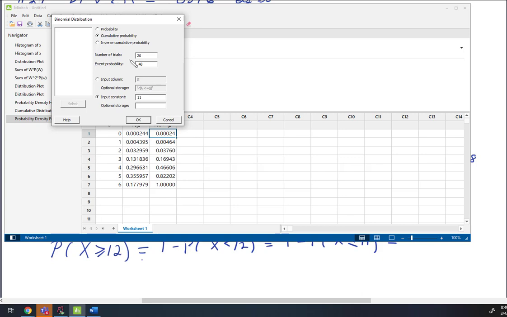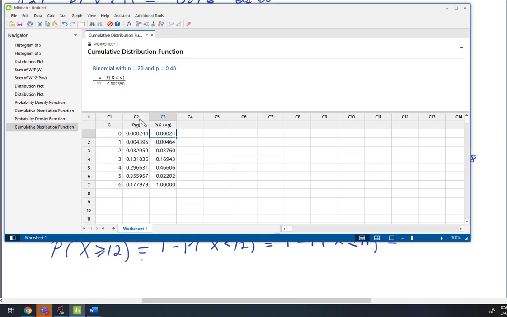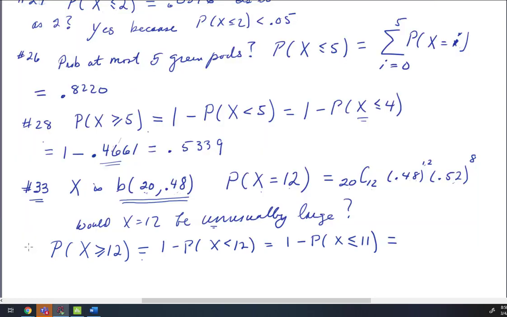We've got a cumulative probability, number of trials is 20, probability of success is 0.48, and we're using an input constant of 11, and we don't ask for storage, and so I think if we just say OK, here we get the probability that x is less than or equal to 11, and that probability is 0.8024, rounding to 4 decimal places. So let's go back to our graphics tablet.